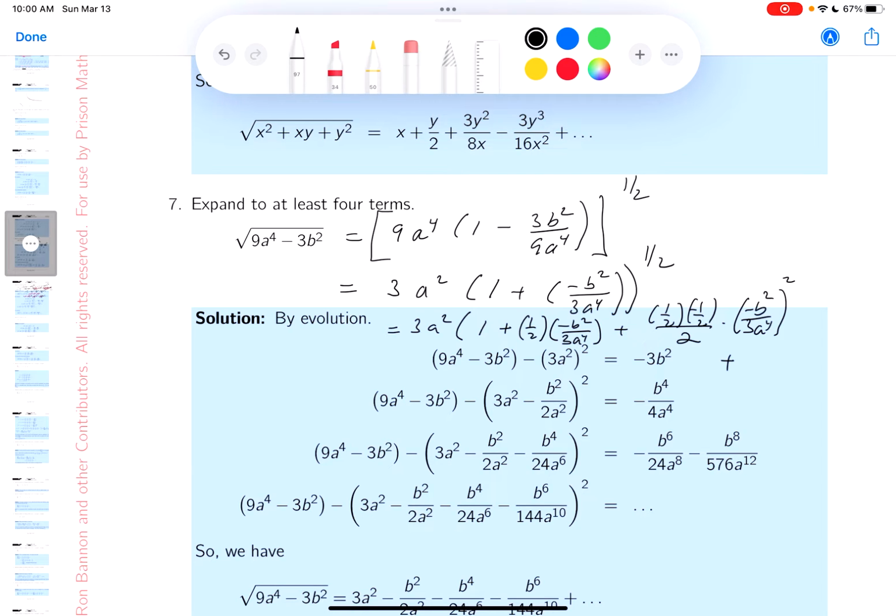And I know I'm jamming it in here, by the way. So 1/2 minus 2, and that's 1/2 minus 4/2, so that's minus 3/2, over 3 factorial, which is 6. And then you get minus b squared over 3a^4 to the 3rd power.